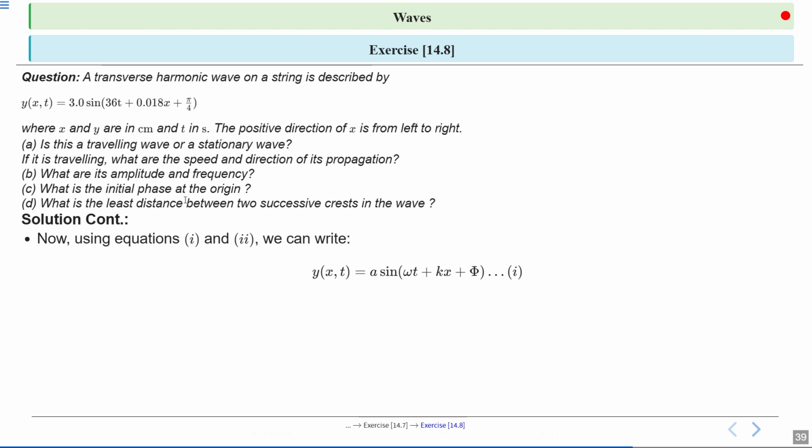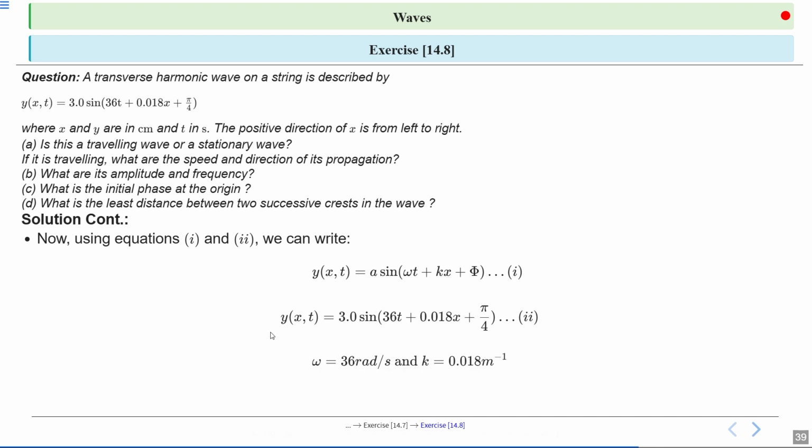We are writing down the equations first and second together here. y of x,t is equal to a sine (omega t plus kx plus phi). y of x,t is equal to 3.0 sine (36t plus 0.018x plus pi by 4). This is the second equation.